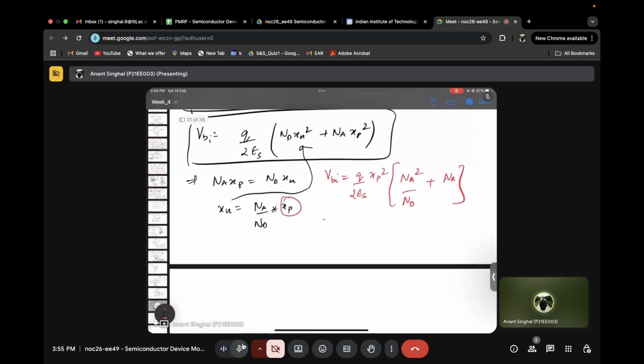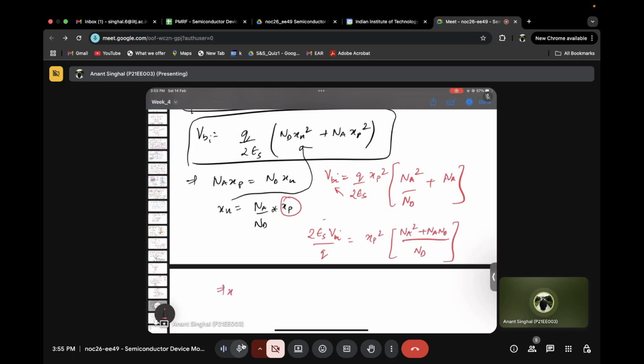So what I can do is, I can write this here. So this will be 2 epsilon s VBI over q. It would be xp square, and if I take even the LCM, it will be Nd Na square plus Na and Nd.